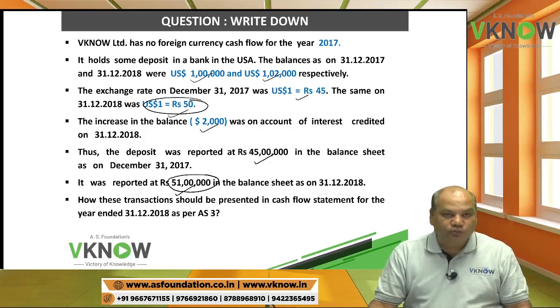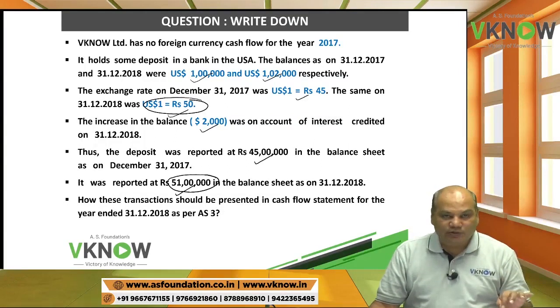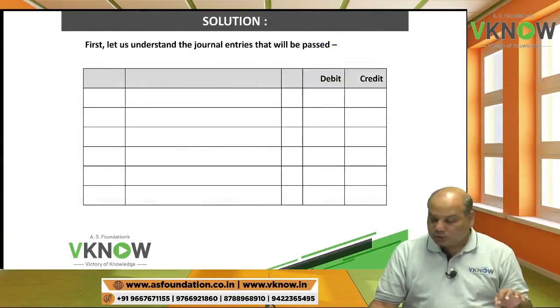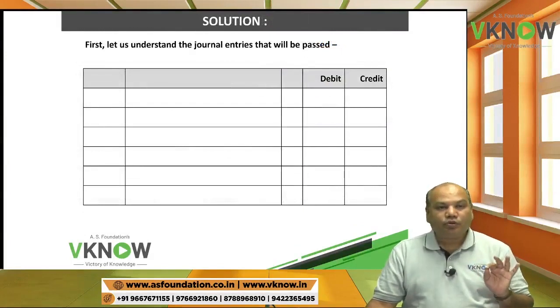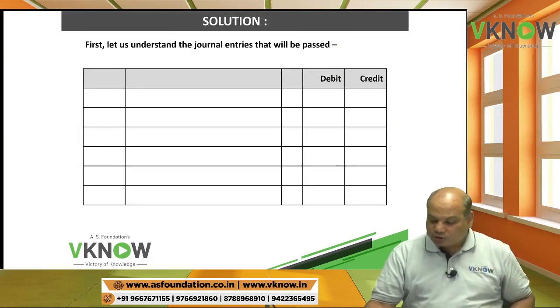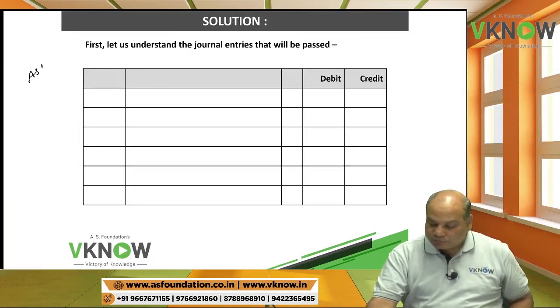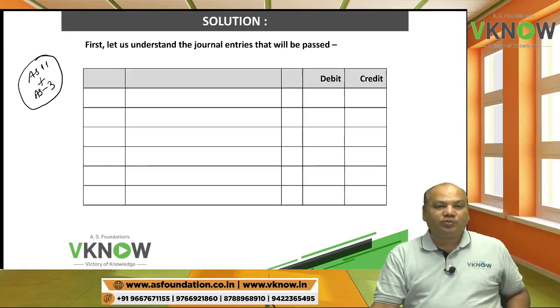So in order to make your understanding clear, although not required by the question, we will pass journal entries. We will see what has happened during the year. This is a very good question, which is a combination of AS11 and AS3, and both are in your syllabus.